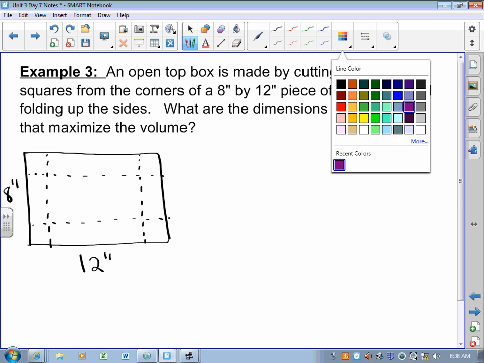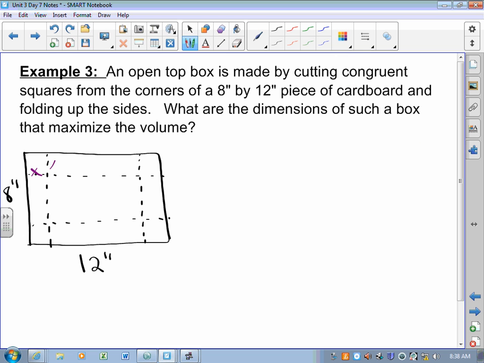So, what have I got? This is the unknown dimension. How big are the congruent squares? We don't know, but we know that they're all congruent. They're all x by x.